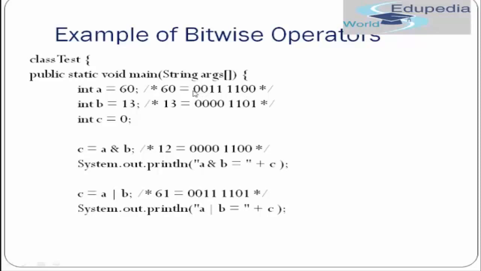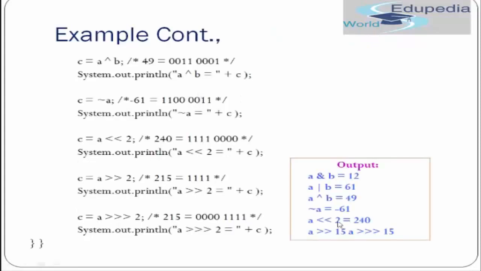We are shifting these two zeros because we have to shift two bits. We are doing left shift 2. So the two bits that we have to shift, which are this 0 and 0, we'll be shifting them to the left hand side. The output that we'll get over here would be this.